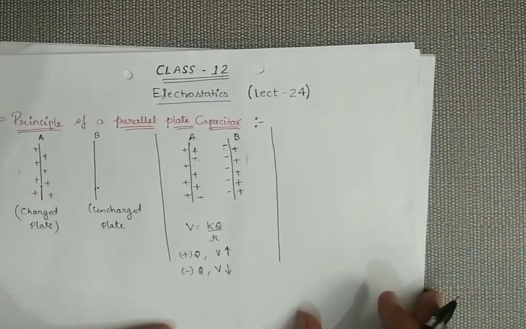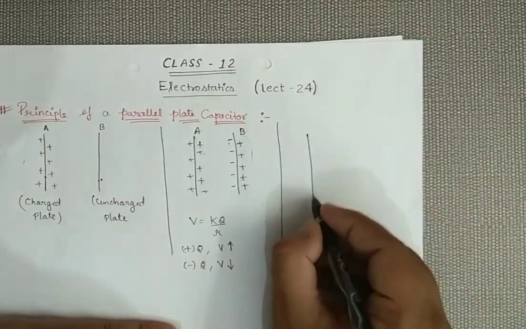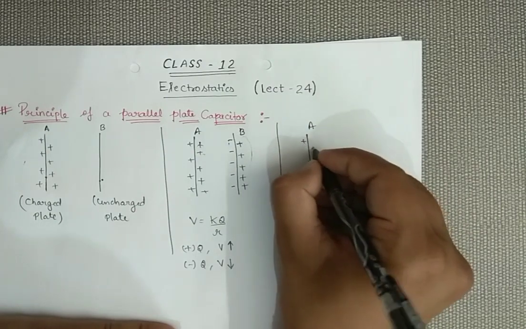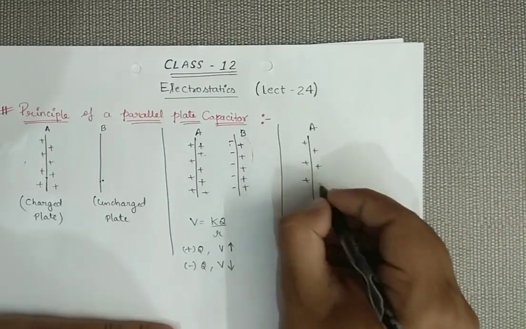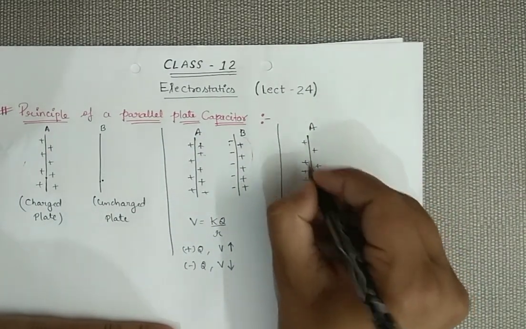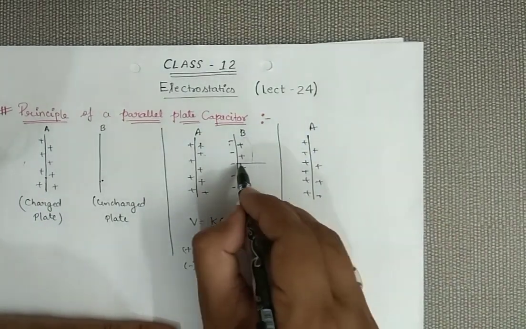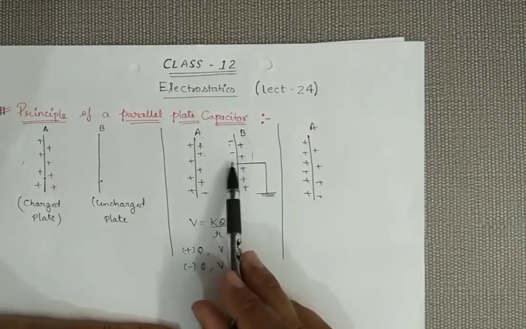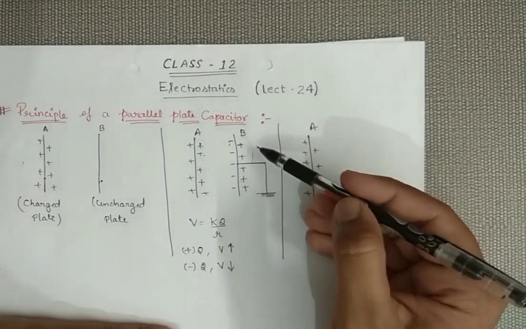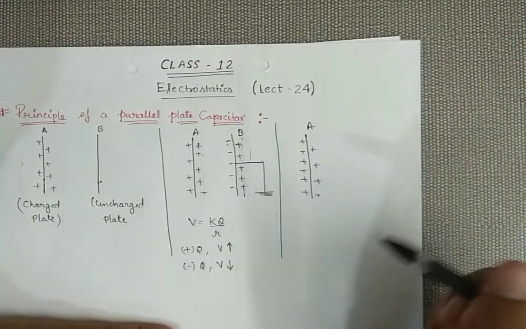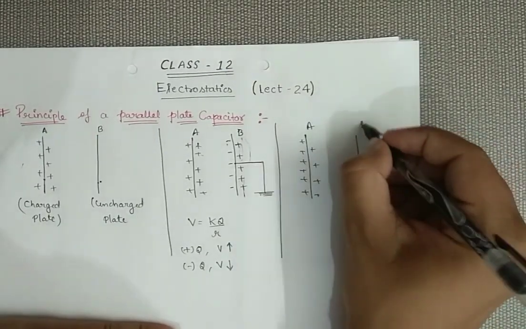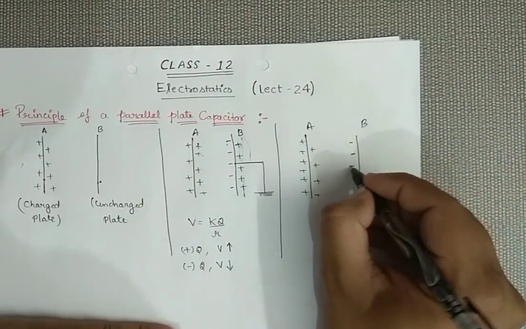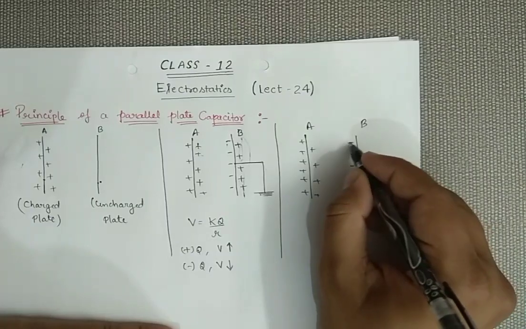So in my third step, what we are going to do, again take, this is plate A. It already has positive charge. Now I am going to earth plate B. This plate B is earthed. So due to this earthing, all this positive charge gets cancelled out. So we are getting only the negative charge of plate B on the inner side.